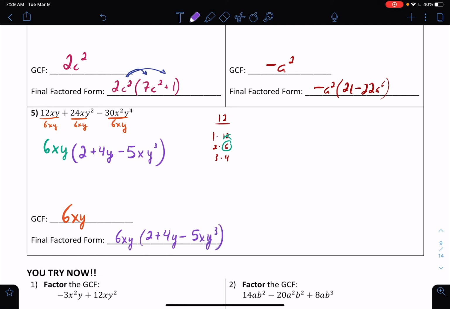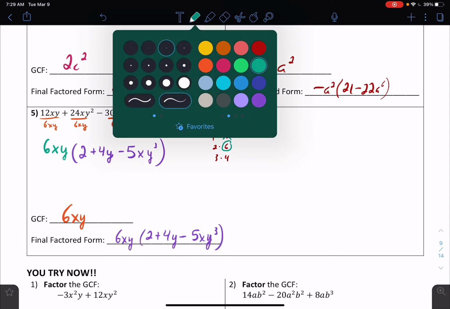And then we're done. There's nothing else we can factor out of that remaining factor. 2, 4, and negative 5, nothing there. There are no more x's to give. There are no more y's to give. So that's how we can always double check our work. And then we can always also distribute this back in.